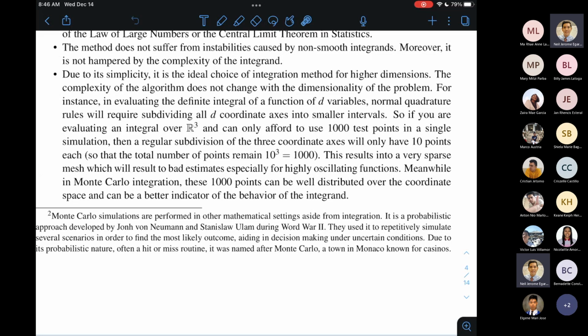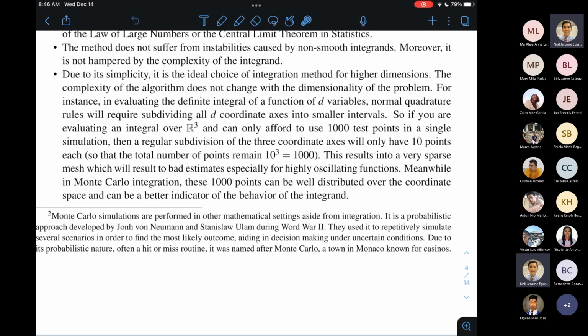I guess, or I think it's at least 6 dimensions. Pag nasa 6 dimensions ka na, meaning you're integrating a function of 6 or more variables, mas advisable ng mag-Monte Carlo simulation. Alright? Doon siya nagko-compensate pag mataas na yung dimension ng problem.